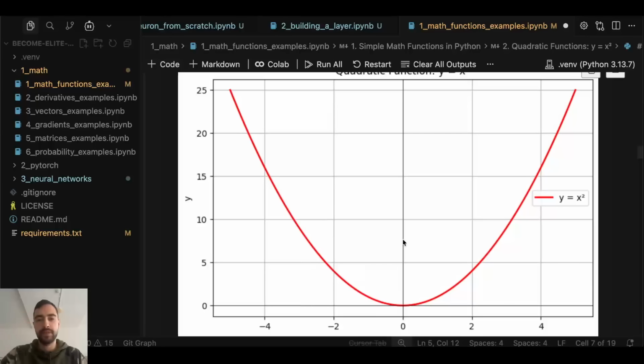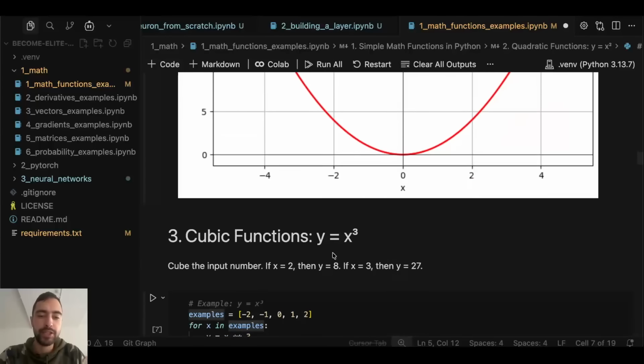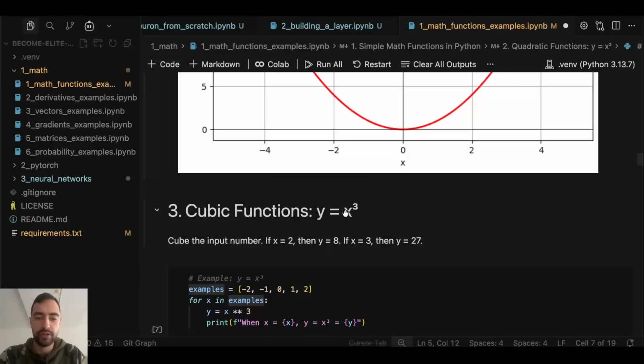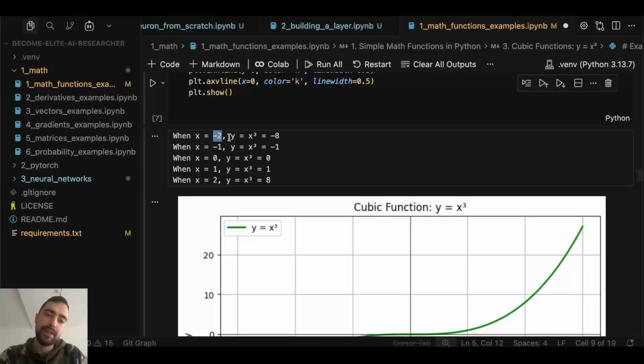We never go down because the square function, the quadratic function, will always make everything positive, because if you multiply two negative numbers, or a negative number with itself, it's going to become a positive number. So if you square a negative number like minus 2 here, it will become a positive number. But that's not true for the cubic function, where putting a negative number cubed will give you a negative number.